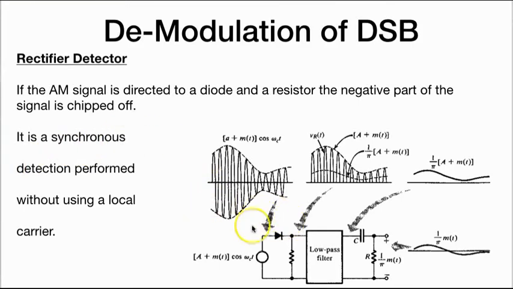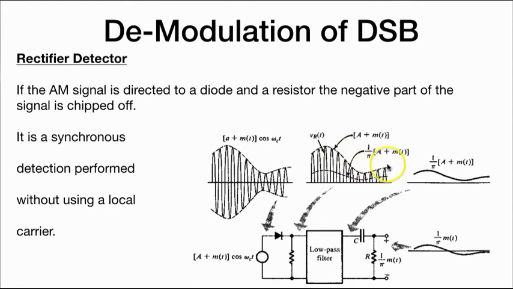Moving on to demodulation of DSB, we have the rectifier detector. Rectifier detector is a diode detector with a low pass filter and a CR circuit. You can see with the help of the diode, the waveform is chipped off. When it is chipped off and only the positive part is present, then the variation in the signal amplitude contains the information.